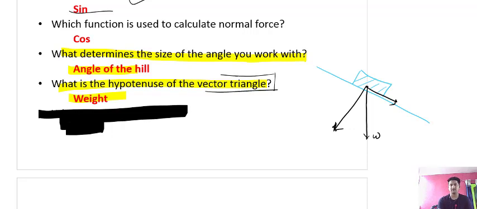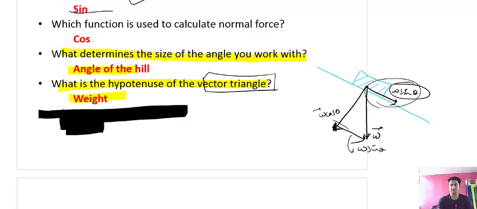Now if this is the parallel force, we need the vector triangle. This is the vector weight component, which is a vector as it is a force, and this is w cos theta, a vector, and this is w sin theta, also a vector. So the vector triangle will be formed when this one comes here, that is the w sin theta component.